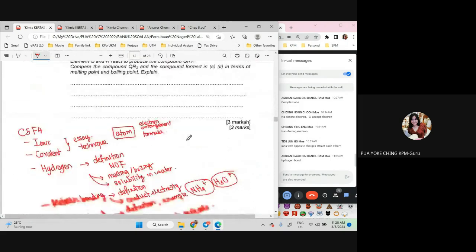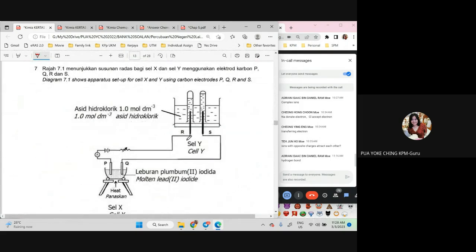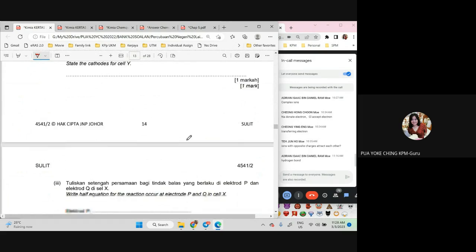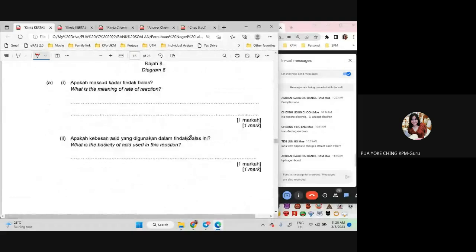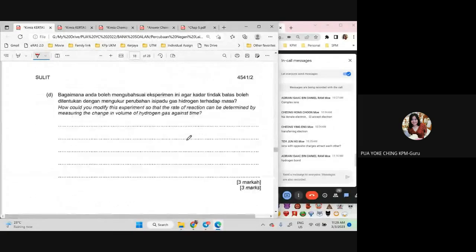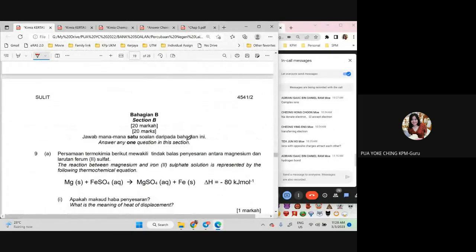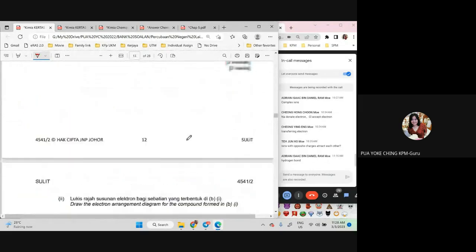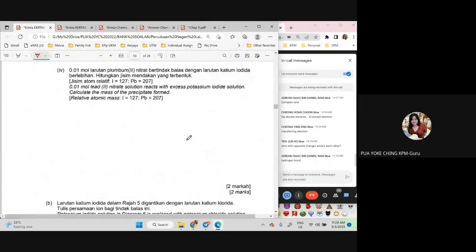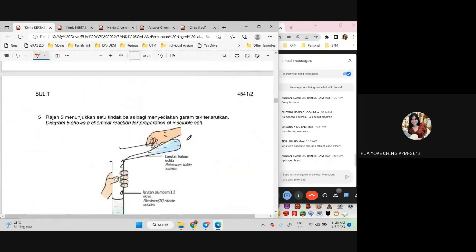Kena Huana, nak cari ada tak acid base? Okay, it's okay. We go to the next chapter. Chapter 6. Question number 5 is chapter 6 form 4.